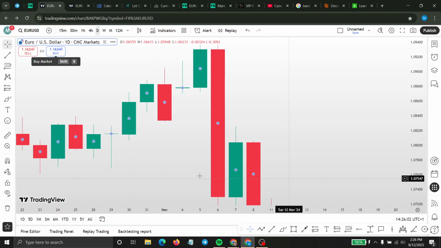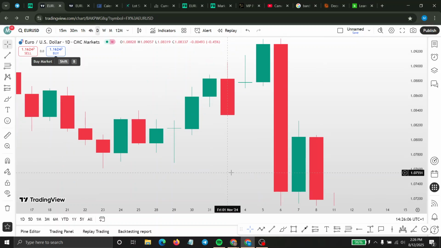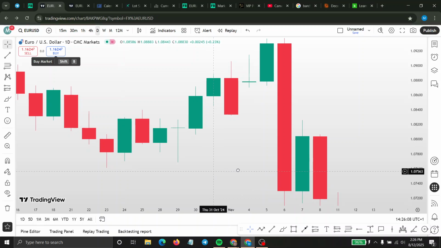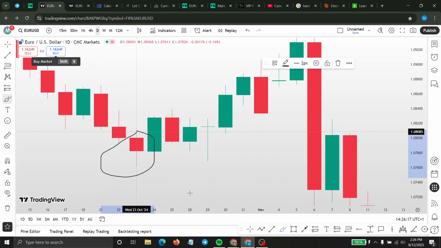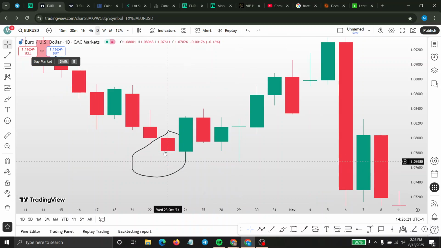Yes, sir. You can see we said the color doesn't matter. This is exactly what we mean. It did not close bullish, but what we derive is that when it forms, it gives us rejection from the bottom. Sellers were pushing the price all the way down, but buyers stepped in, and when it formed, what did the market do? The market started buying.